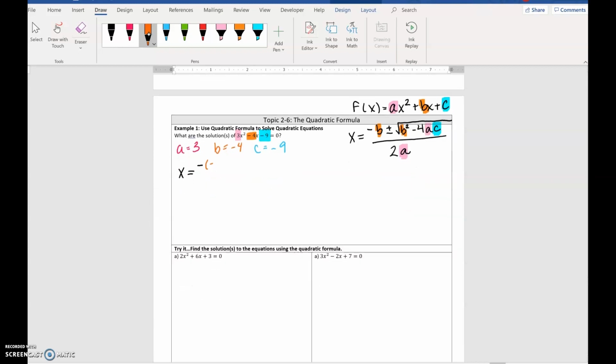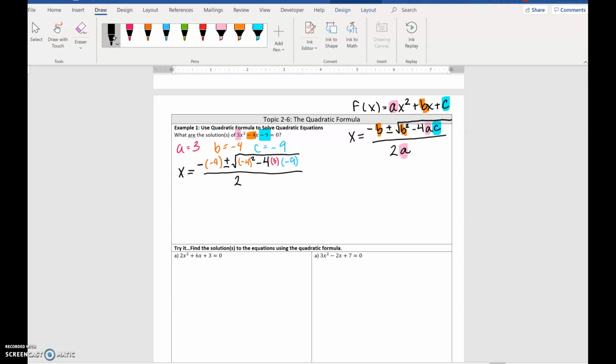So b is negative 4, and then we have our plus or minus the square root of b, so negative 4, and we square it, minus 4 times our a, which is 3, times our c, which is negative 9, and that's all divided by 2 times our a, which is 3.